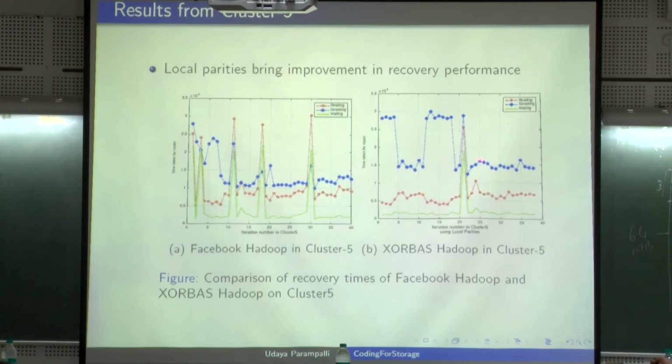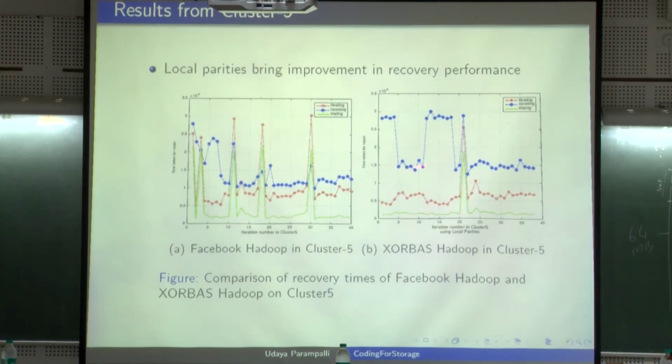But here the entire result as we obtained it is displayed. This side is the Facebook cluster one, and this one is the Sorbus one. You can see that the read time is almost similar, and the average decode time was found to be better.